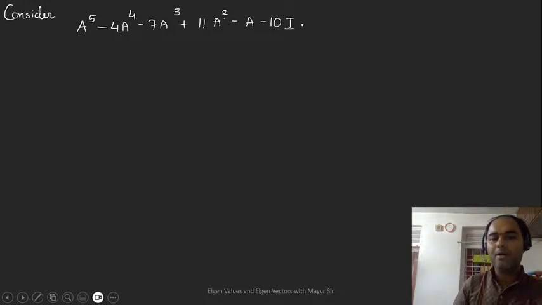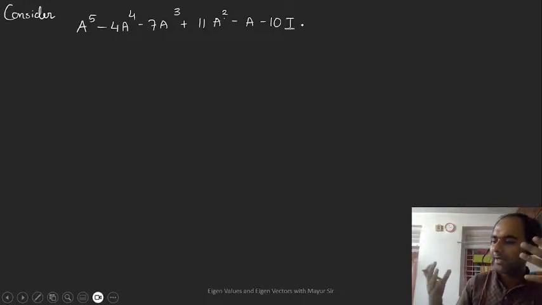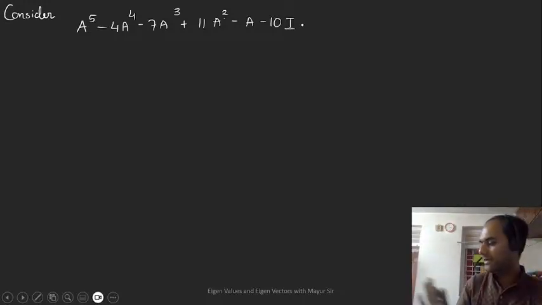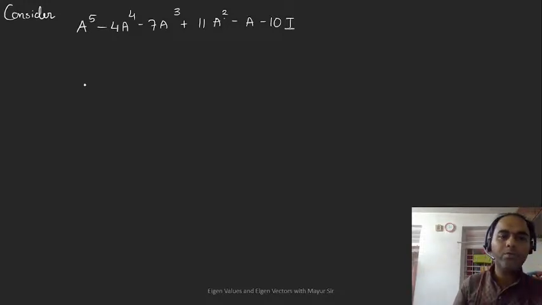If you have a calculator it is good, but sometimes even the calculator says it is taking too much time. Even for a small power it is a very difficult task to calculate.